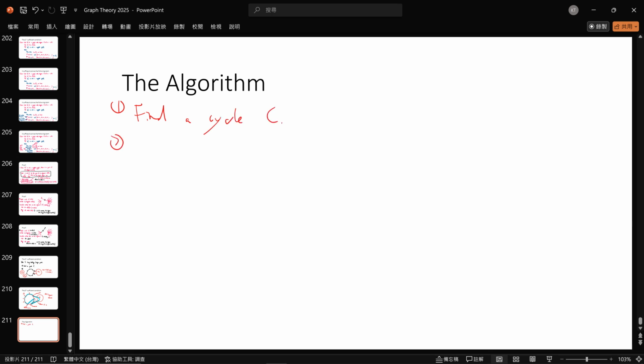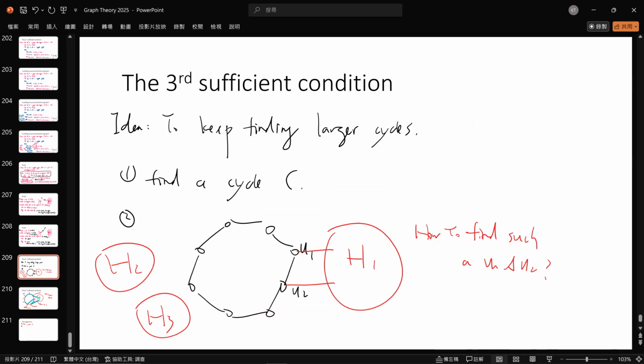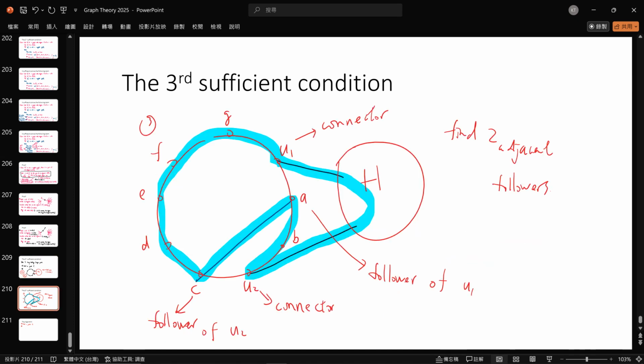Let's call this cycle C. And the second step is basically this idea: we keep finding this pair of U1 and U2. As long as there are U1 and U2 that satisfy this property, we're going to enlarge the cycle using U1 and U2. So we may apply this idea several times before we go into the next step.